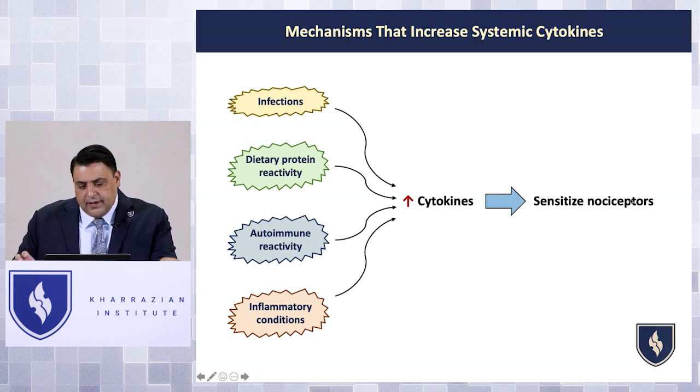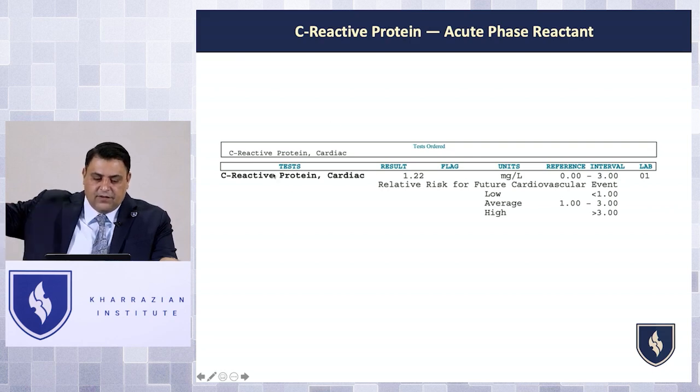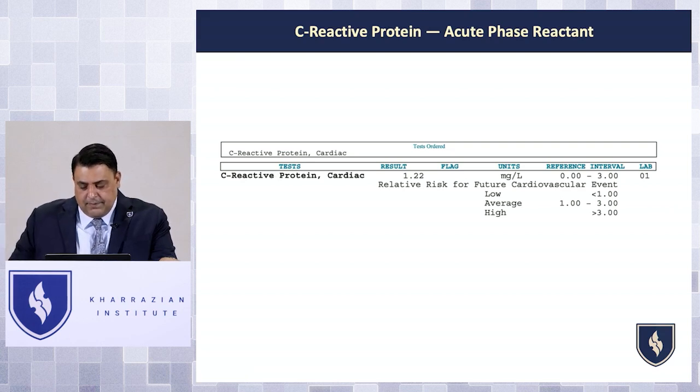Now, your clue that some people have these inflammatory mechanisms happening is, first of all, any change in your lab tests, like immune function tests, like T cells, B cells, neutrophils, lymphocytes; there's something happening to these cytokine pathways. But also, you can look at acute phase reactants, like C-reactive protein. C-reactive protein is basically a cluster of cytokines that get to the liver and get metabolized to a protein, which is now called C-reactive protein.